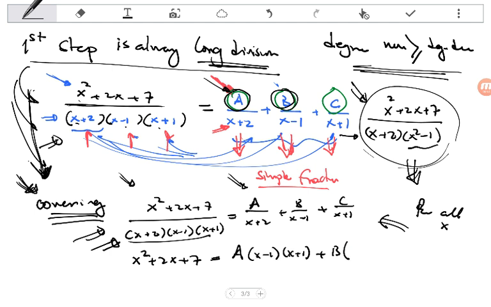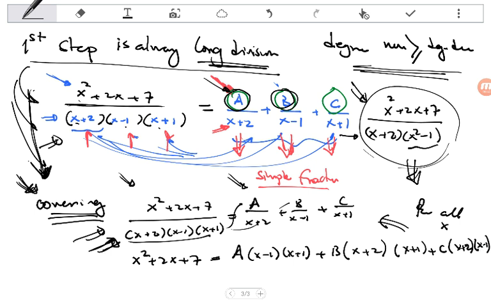Then the other term will be b multiplied by x plus 2 multiplied by x plus 1. And there is a bracket that will be cancelled. When I multiply by any of these terms, a bracket will be cancelled. And the last term will be c multiplied by x plus 2 multiplied by x minus 1.